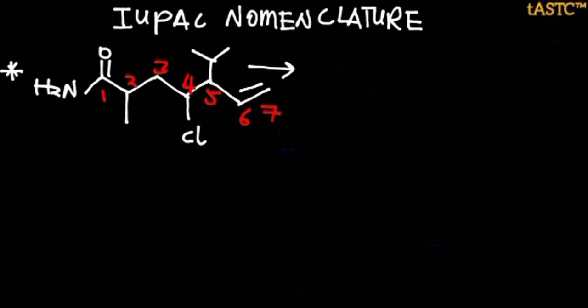Now in condensed form, I think I'm going to write it like this. They could also write it this way actually. So you got CO. And here you're going to have a CH. We know this has got to be a CH group, and this is attached to a CH3.